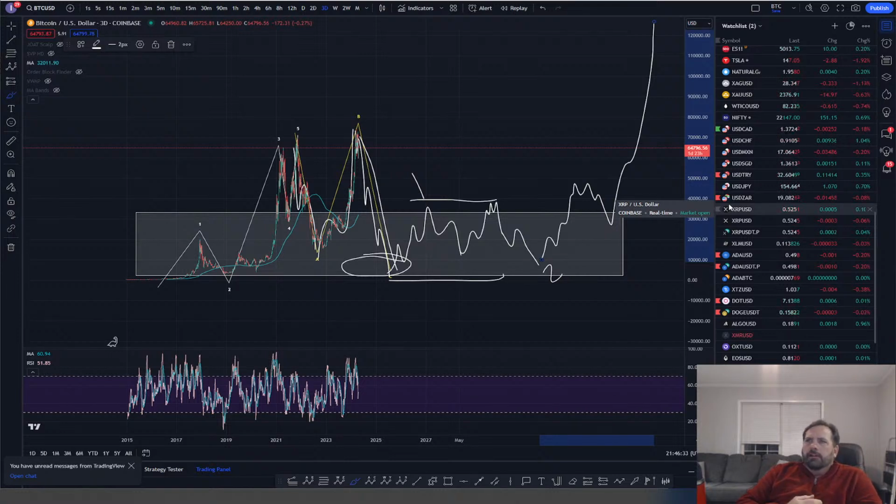Usually the U.S. dollar is a risk-off asset. But we're living in a time now in which the dollar is losing its credibility worldwide.